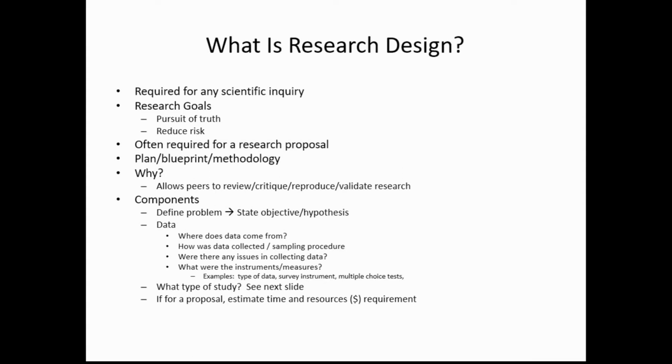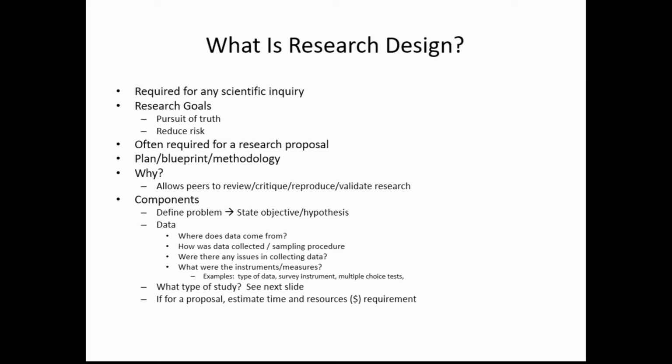So if you're going to pursue any science, you need to have a reproducible methodology that is available for other researchers to critique your work. You can't announce a discovery and not have good research design so that people can reproduce this and know what happened.